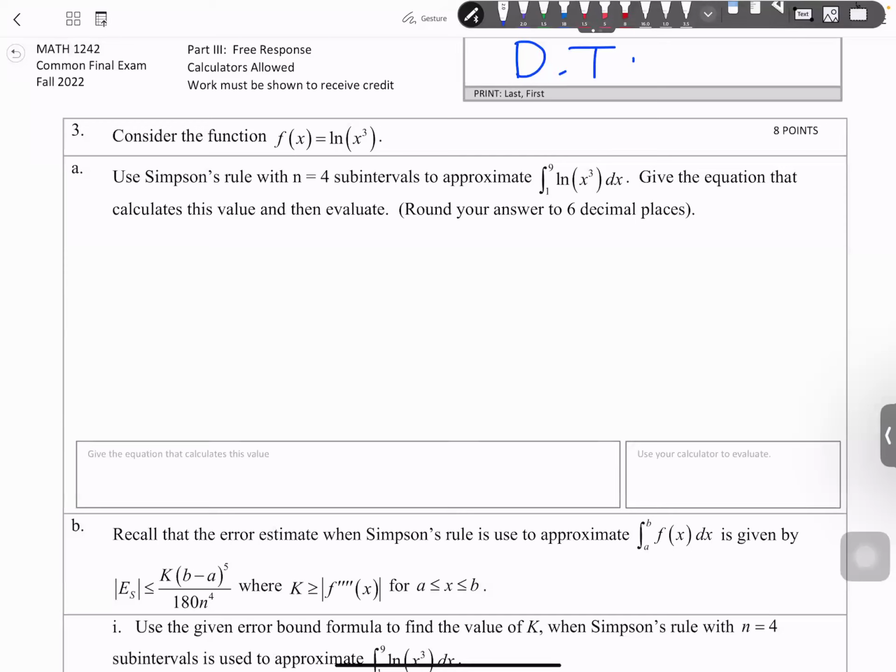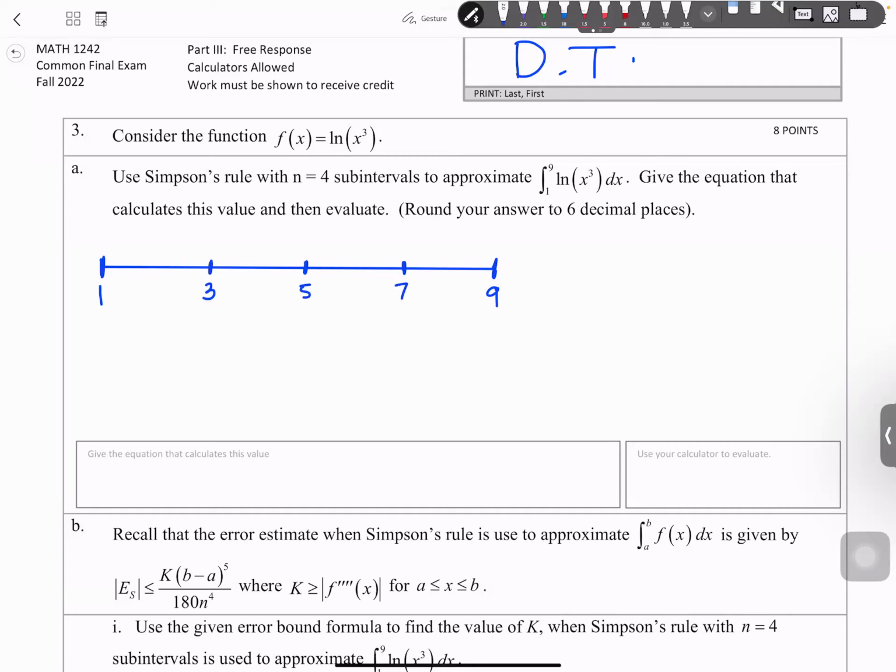All right, I'm going to start by drawing a number line. It's always very helpful to me to have a number line. And my number line is going to go from 1 to 9. If I would like to subdivide into 4 equal subintervals, I will have 1, 3, 5, 7, and 9.